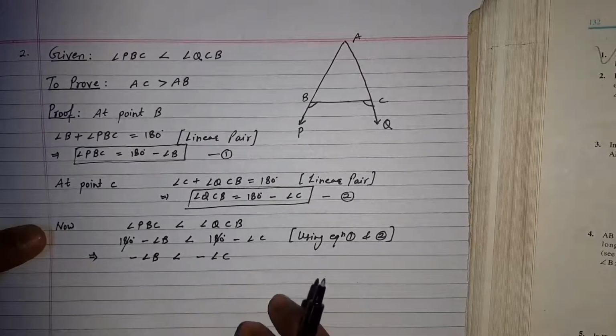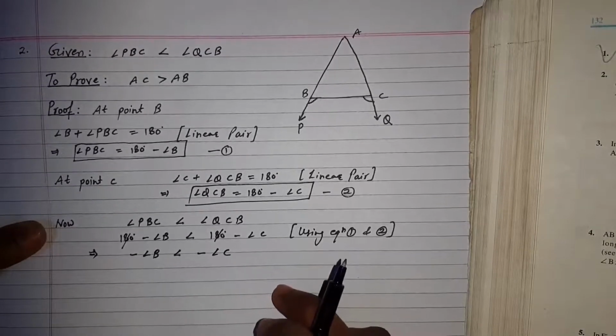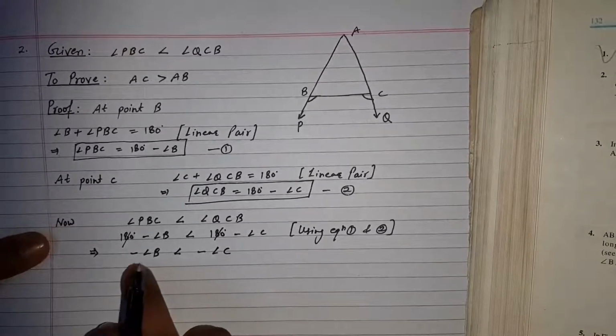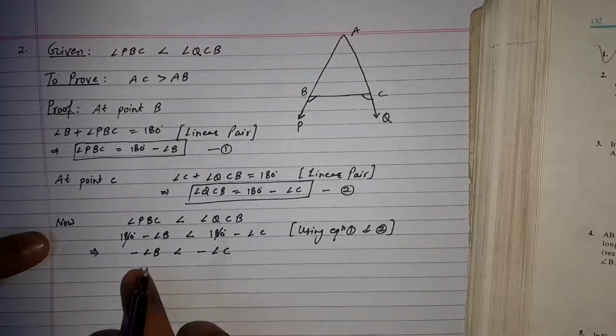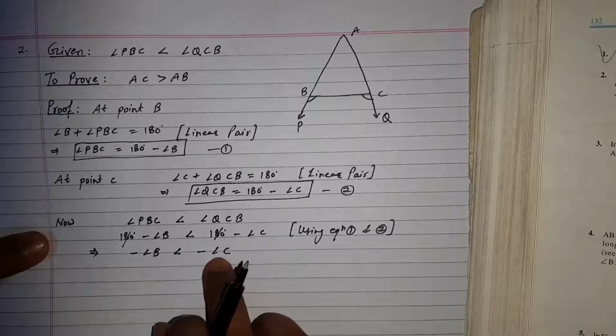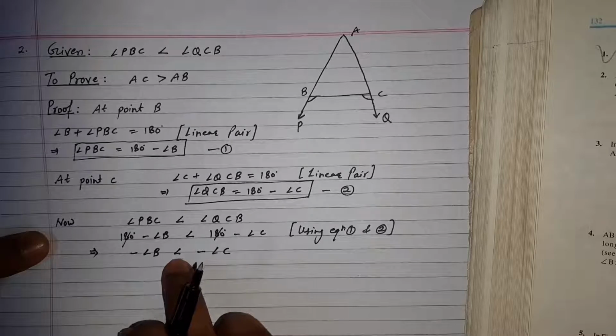Now you can see in both sides of the inequality sign, both the terms are negative. So when we convert these two terms to positive, the sign of this inequality will change.